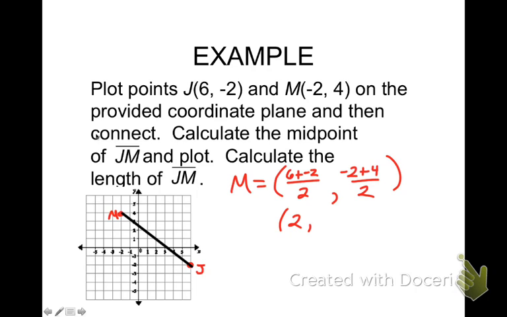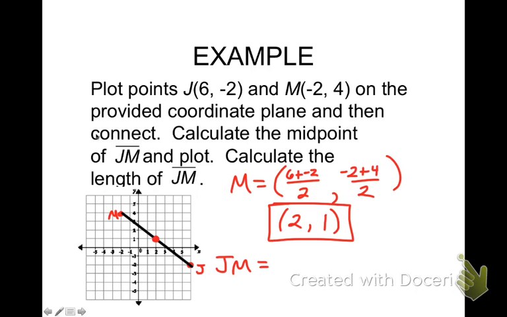Negative 2 plus 4 is 2. Divided by 2 is 1. So there's my midpoint. Can you plot that? Hopefully it falls on your line. Okay, so there's my midpoint. Now let's find the length of JM.